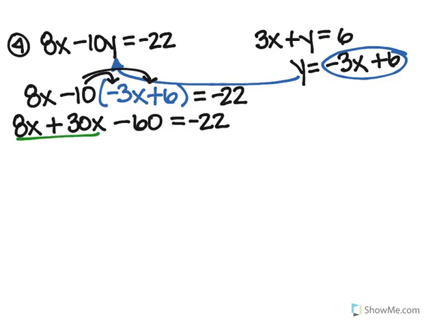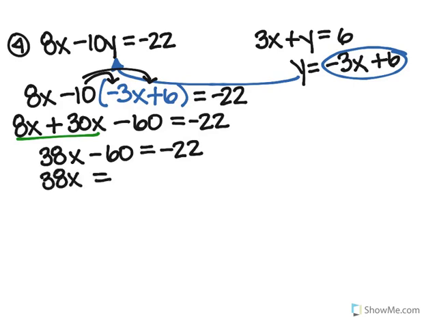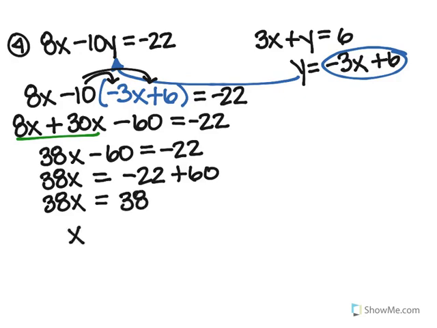Combine like terms. 8x plus 30x is 38x, minus 60 equals negative 22. I'm going to add 60 to negative 22, and we get 38x equals 38. So when we divide by 38, x is 1.